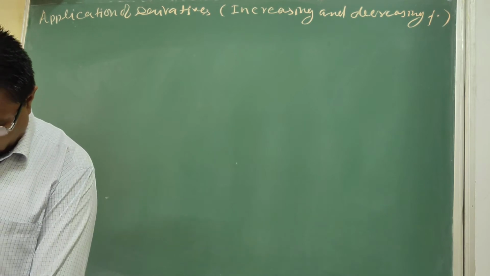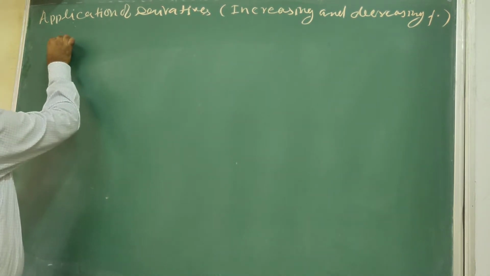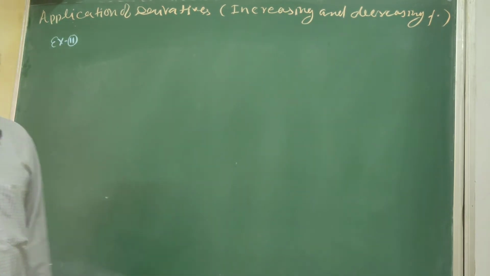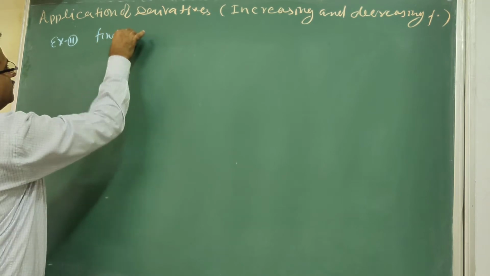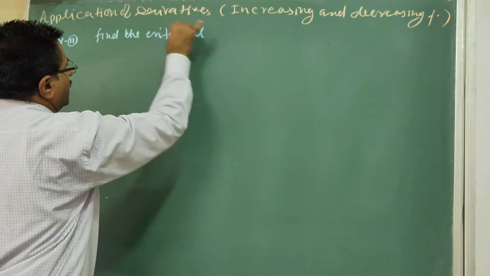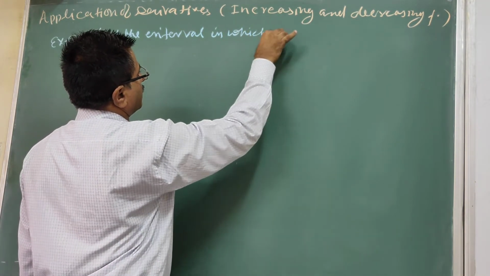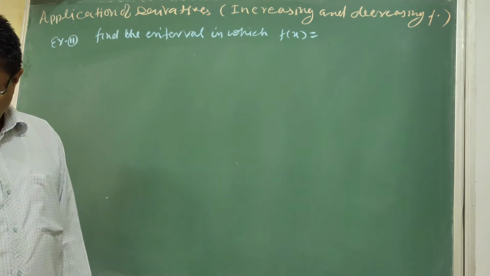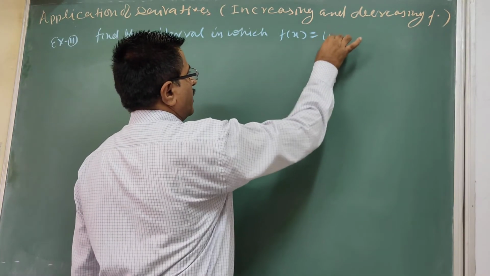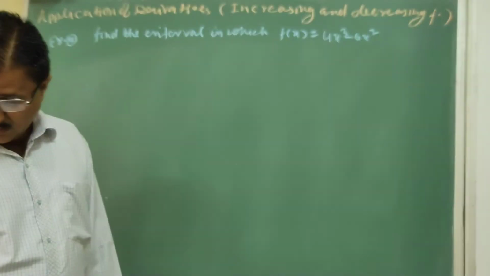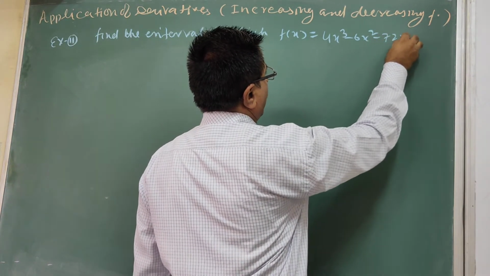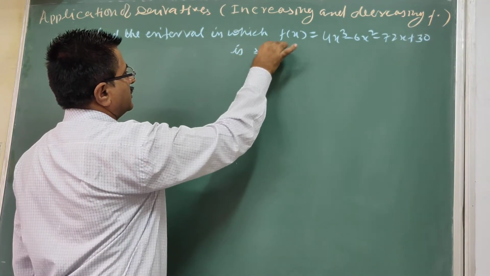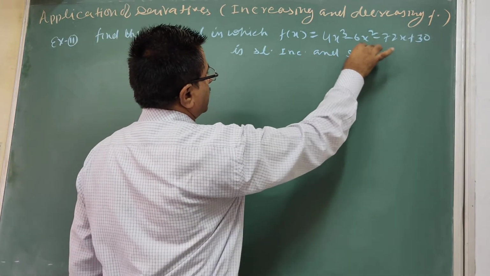So we have now seen the algebraic example 11. So this problem says, find the intervals in which the function f given by f(x) equal to 4x cube minus 6x square minus 72x plus 30 is strictly increasing and strictly decreasing.